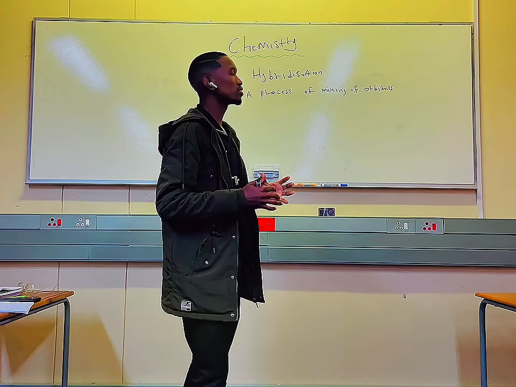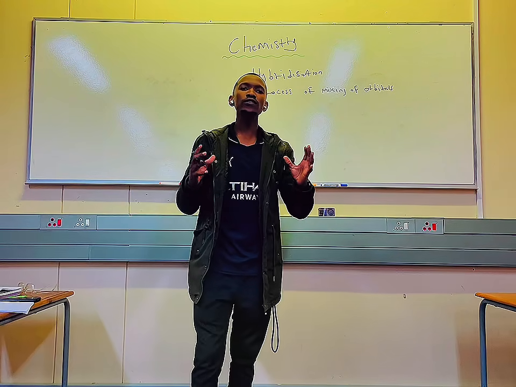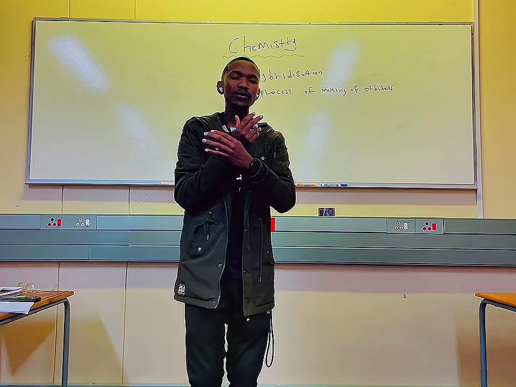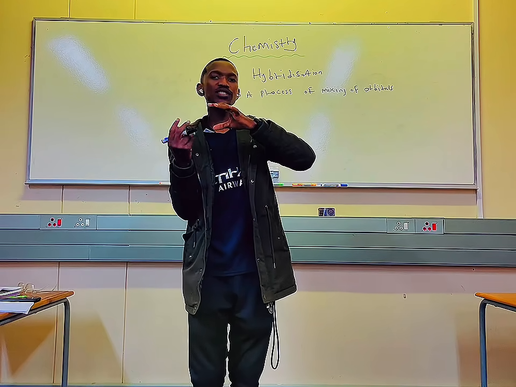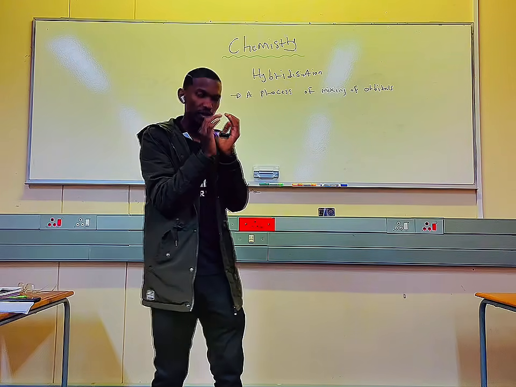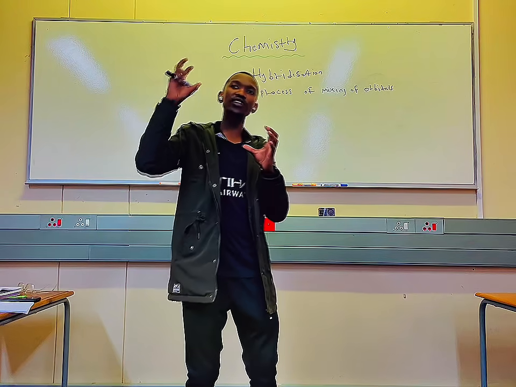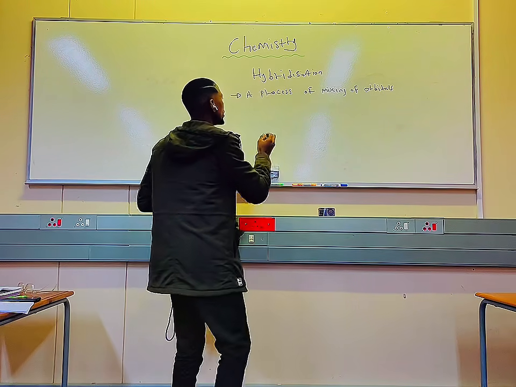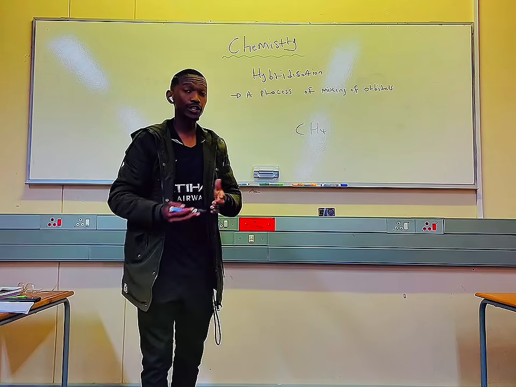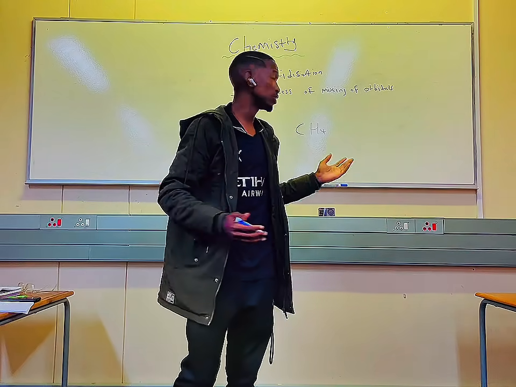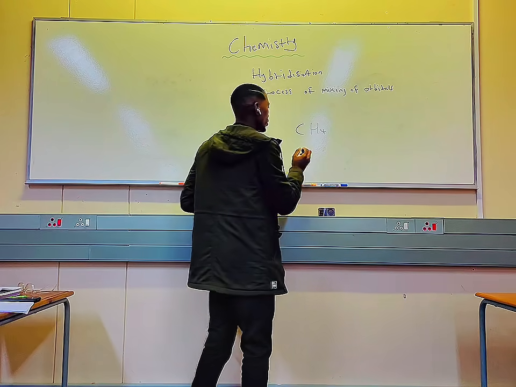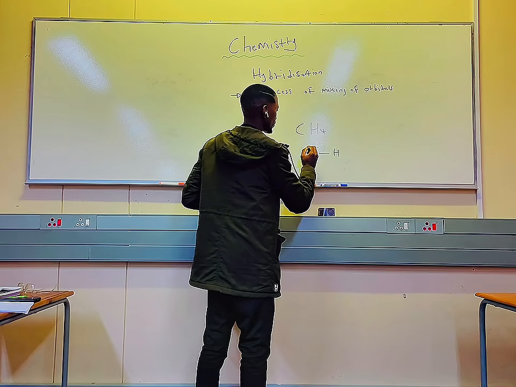A process of mixing of orbitals. Whenever orbitals start to mix, like maybe one s orbital mixing with 2p orbitals, that's the result. For example, CH4, whose molecular name is methane. If you have to draw the Lewis structure of this molecule, it's going to look like this.